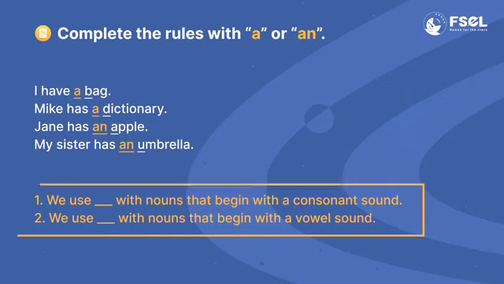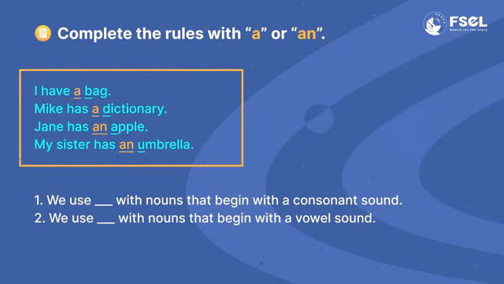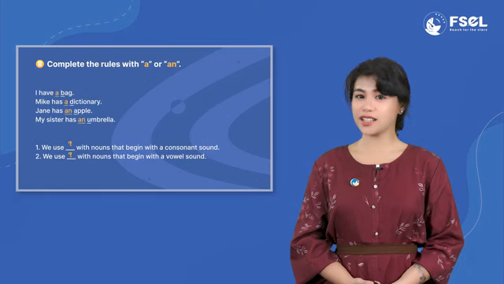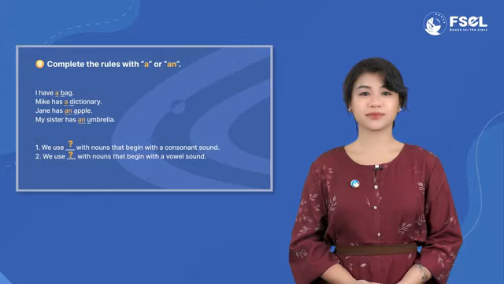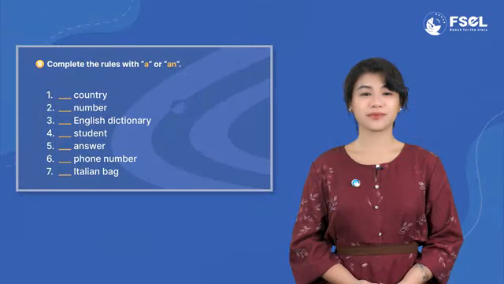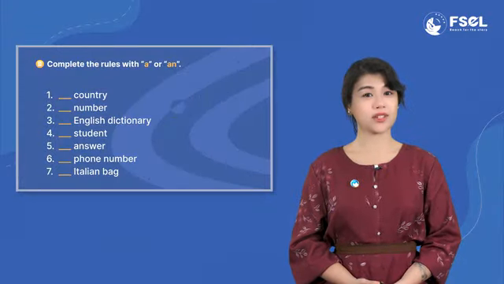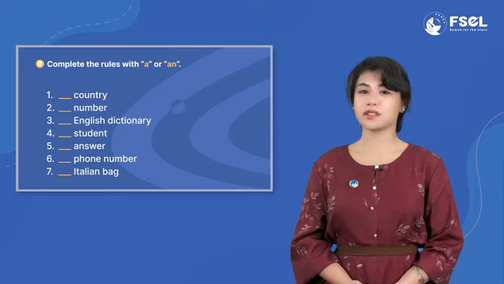Now, here are two rules for using a and an. Look at the example sentences one more time. Then, fill in the gaps with a or an. Now, we know when to use a and when to use an.